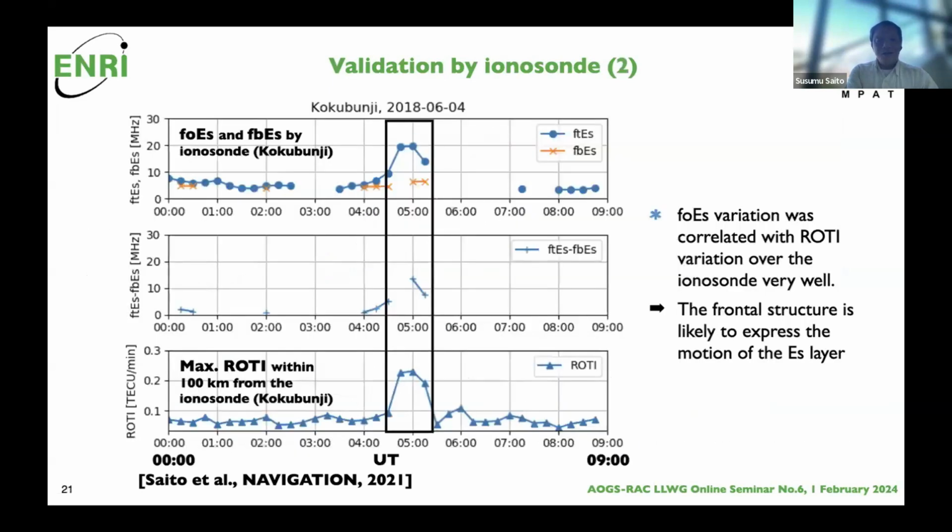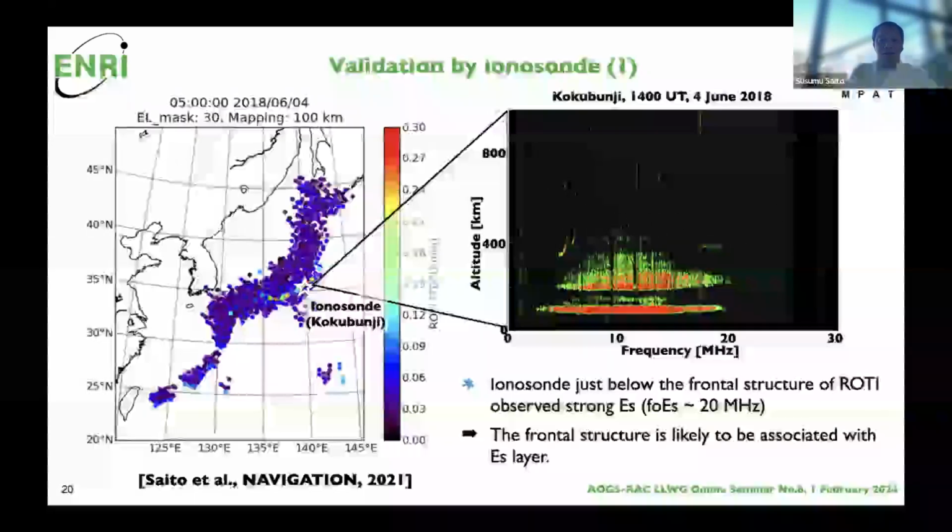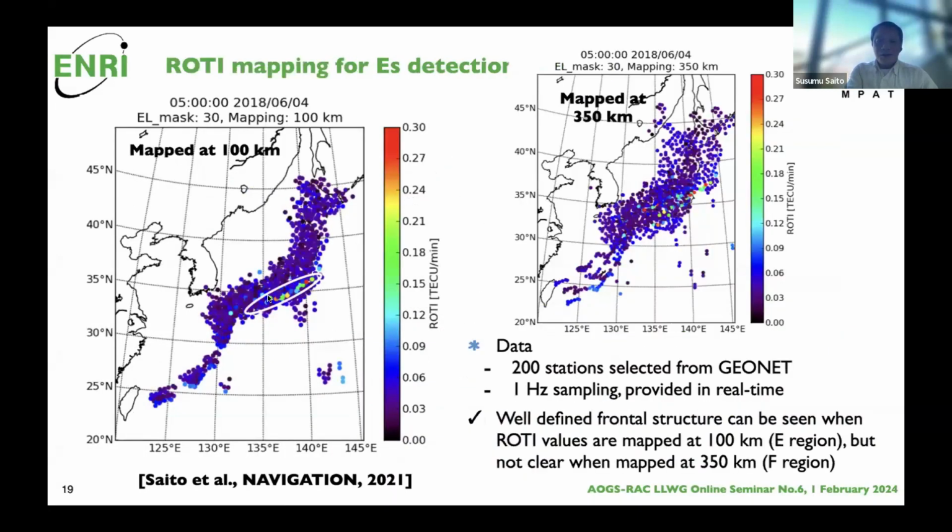Furthermore, this is a time series of the ionosonde measurement and LOTI over the ionosonde station. They have a very clear correspondence. So the structure seen in the LOTI map is considered to indicate the structure of the sporadic E.